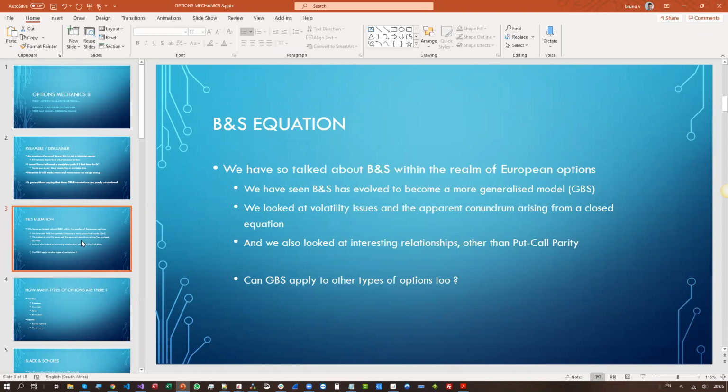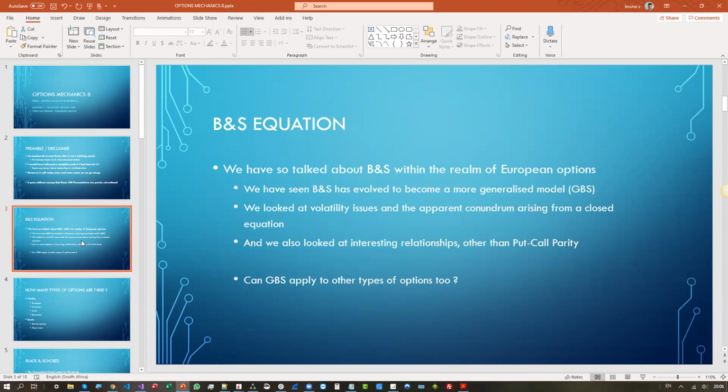So the question is, can GBS, the generalized Black and Scholes, apply to other types of options? That's a very interesting question. The fact is that a lot of platforms, market makers and options pricers on the internet stick to Black and Scholes, whereas there are more sophisticated models, and I could even mention Bjerksund-Stensland.